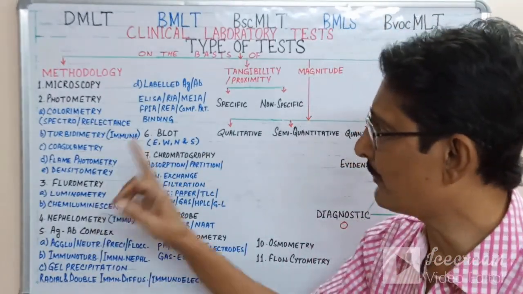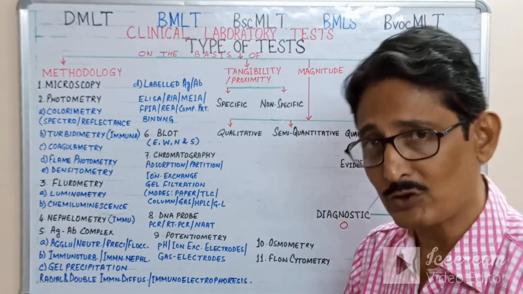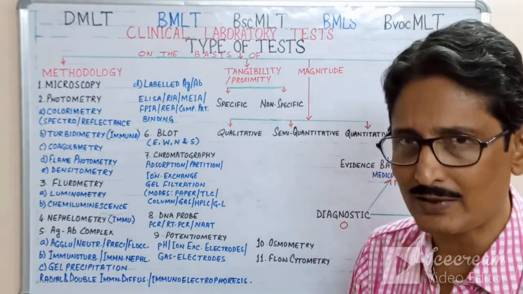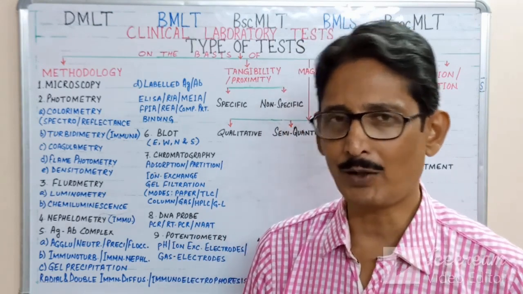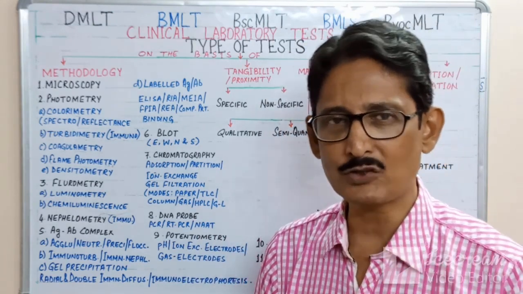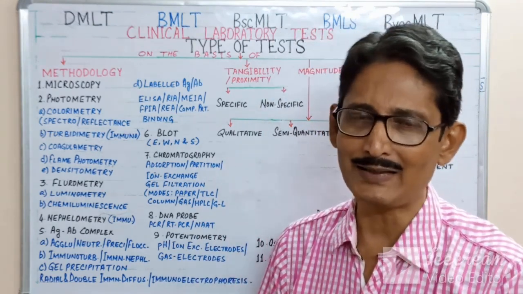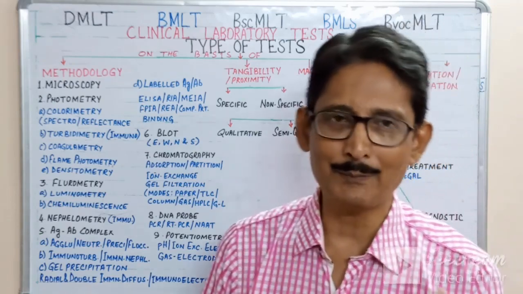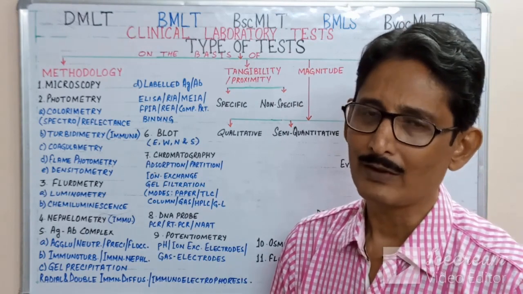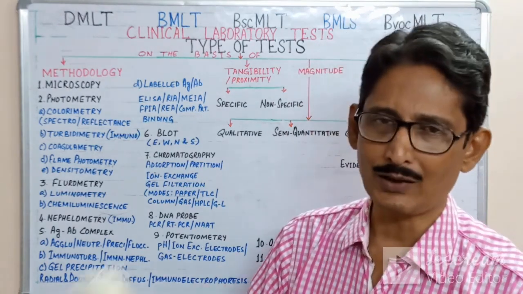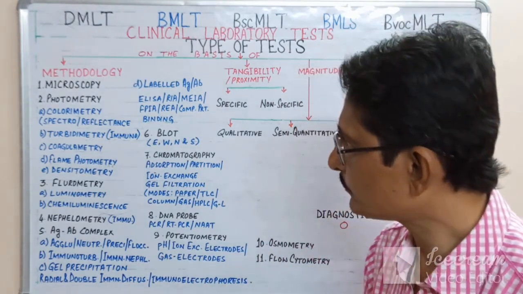The next is photometry. The majority of the tests, about 70 to 80% of the tests in our clinical labs, are performed by the methodology of photometry, that is, measurement is done by using light. For a measurement we use a particular wavelength of light.